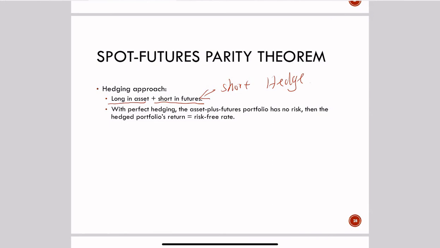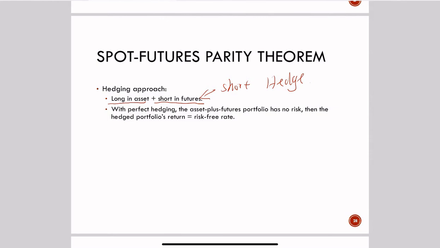So if you have this portfolio with a long position in the commodity and a short position in the futures, then if your hedging is perfect, clearly by the definition of hedging, your portfolio will have no risk. The same thing, if you recall this canola futures example, if you're the farmer, you would know that in the next year, you can definitely sell your canola in your storage unit for $1,000. So there is no risk.